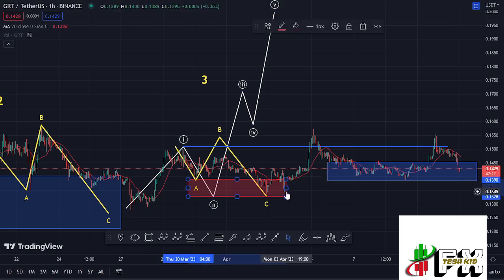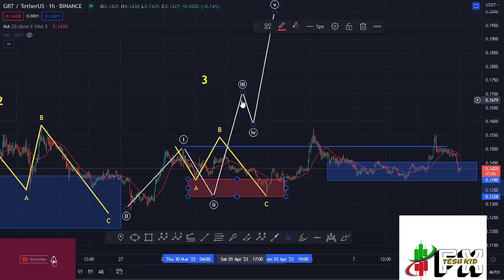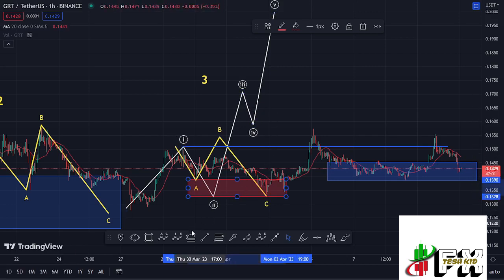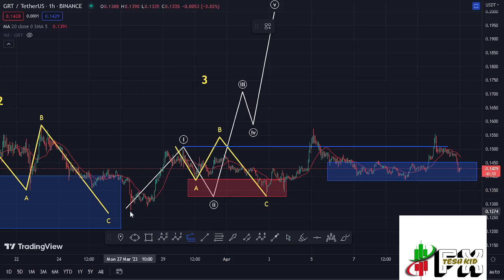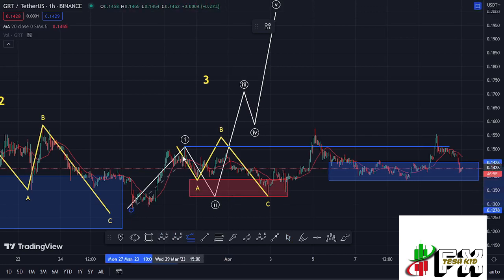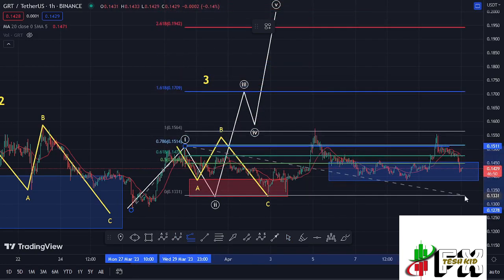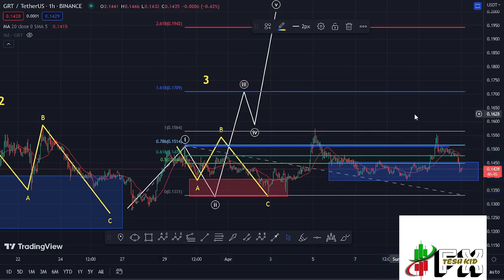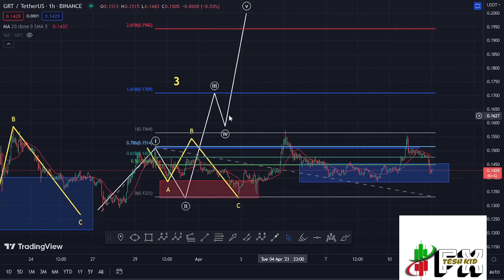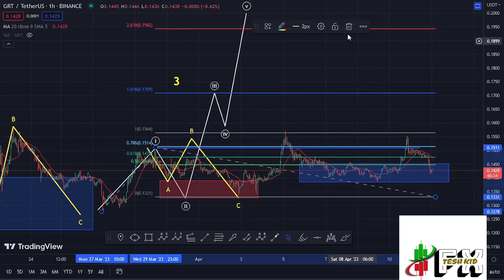And now the primary scenario is that whatever we are seeing is the formation of this wave 3, giving you a minimum target area that I'm expecting on the short-term scenarios by connecting the trend-based Fibonacci from the low of the first wave to the high of that wave 1, then dragging the fibs to the low of the second wave. That now gives me a target area in the formation of that wave 3 at the fib level 1.618, and that is at around the $0.1709 mark. And that is the minimum that I'm expecting GRT to do here on the short-term scenarios.